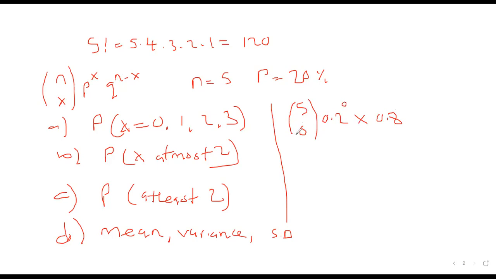The difference, 5 minus 0, is 5. The top part must always add up to the total there. Then we get 5 combination 0 is 1. 0.2 to the power 0 is also 1. What is 0.8 to the power 5?